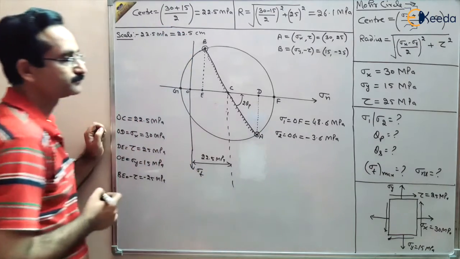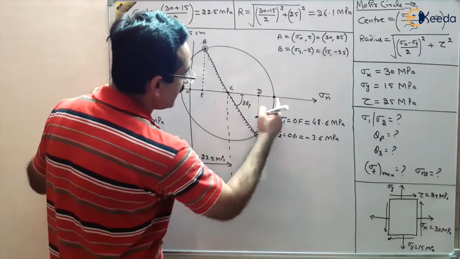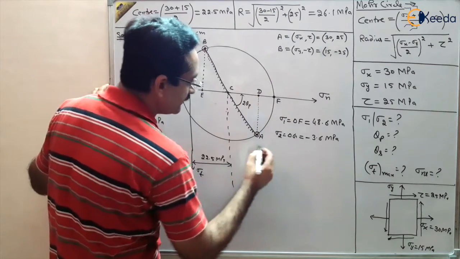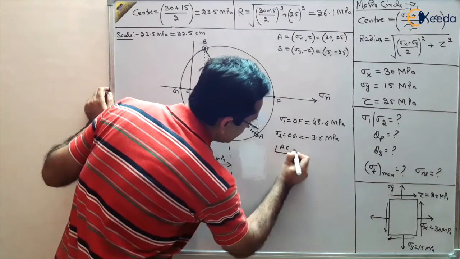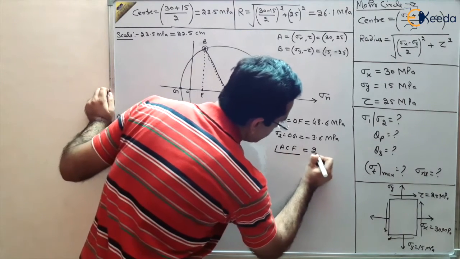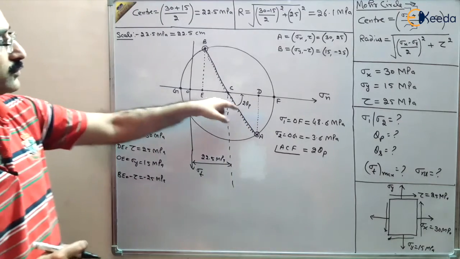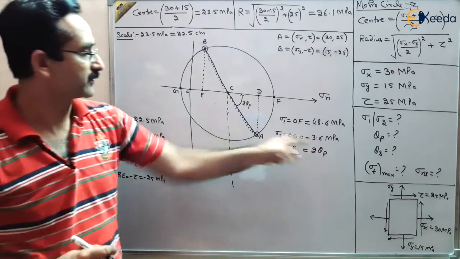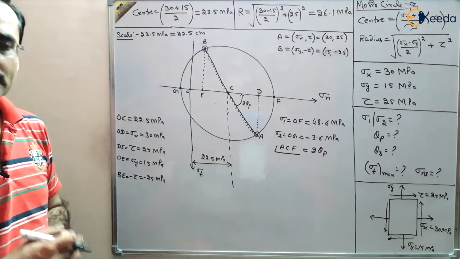So basically this angle ACF is 2 times theta P, because in Mohr circles angles are double. Measure it by protractor and you will get the double of the principal plane angle.